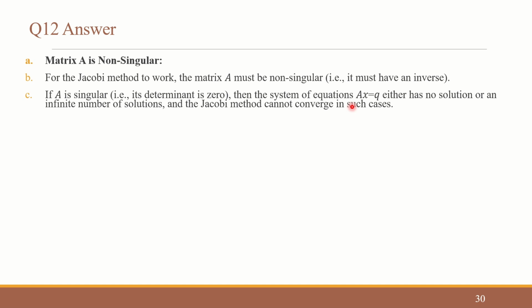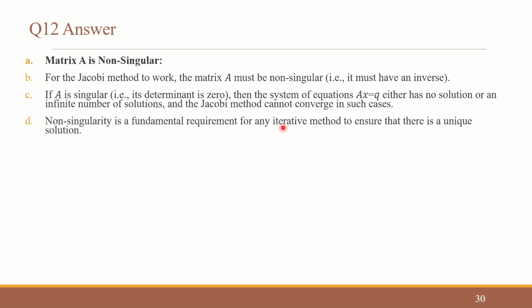If its determinant is 0, we cannot invert it. If A is singular, that is its determinant is 0, then the system of equations will have no solution or an infinite number of solutions, both of which are not our requirement. We need an exact, true solution. So Jacobi cannot converge in such cases.